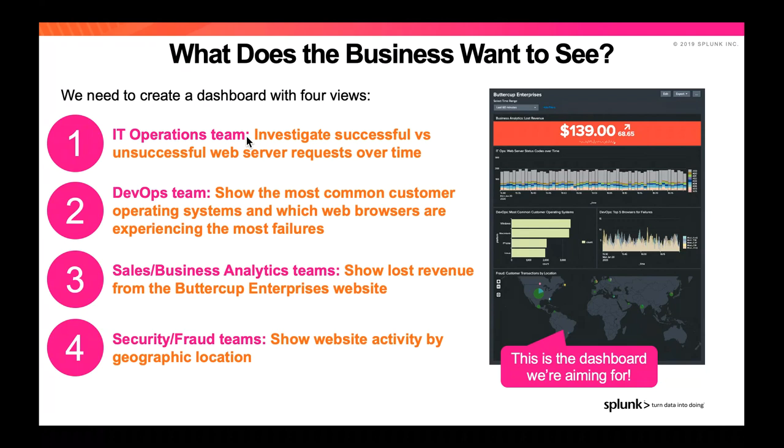Sales business analytics, you want to show the lost revenue from the Buttercup Enterprise website. And security fraud teams, you want to show the website activity by geographic location, right? And this is the dashboard that we want to get at the end. This is what we're aiming for. So hopefully we'll all get there.